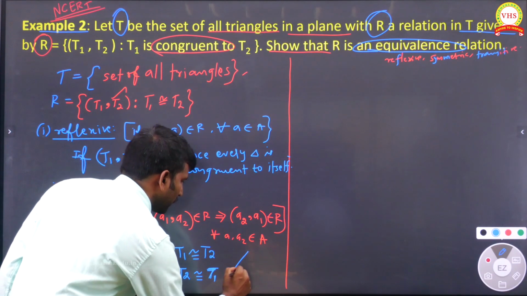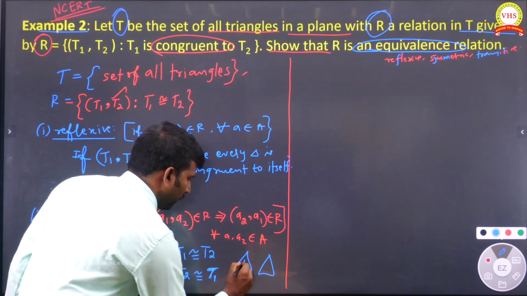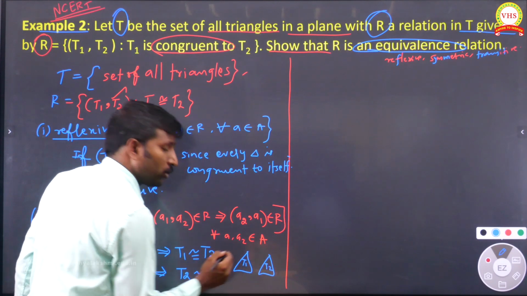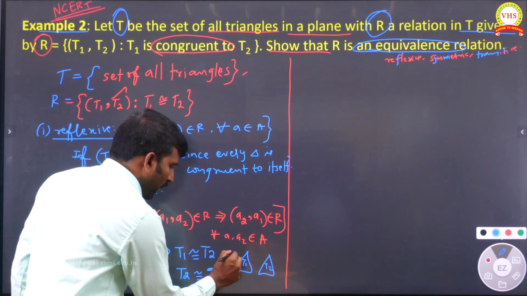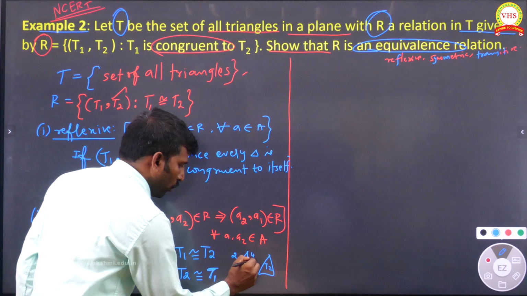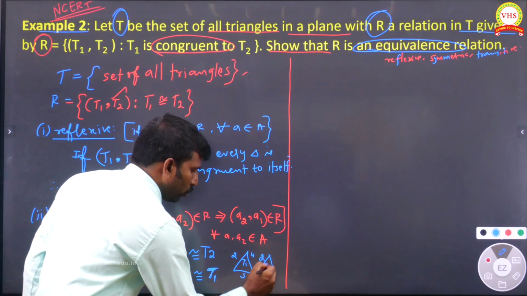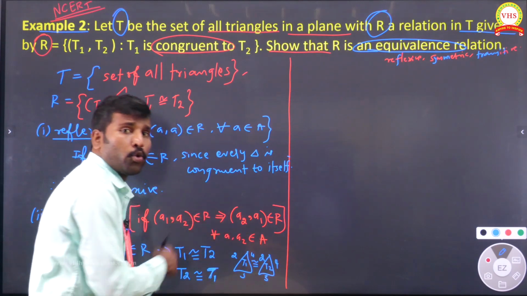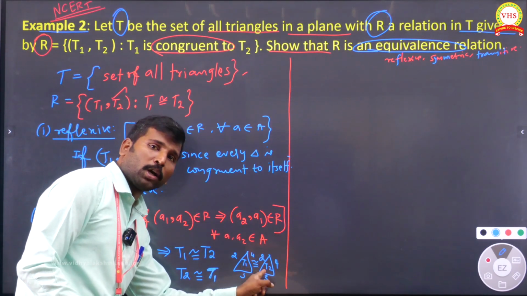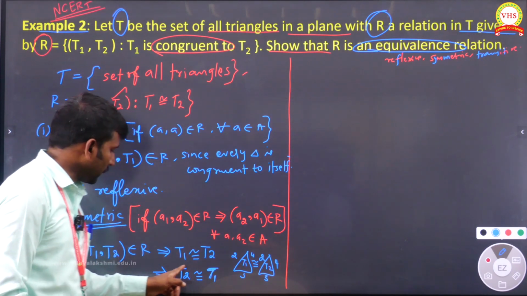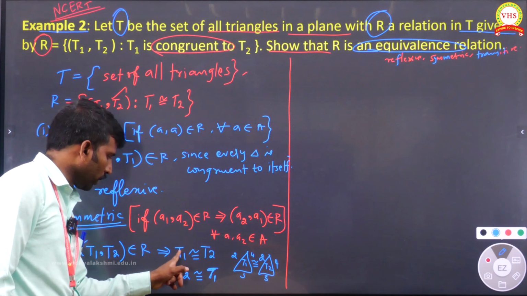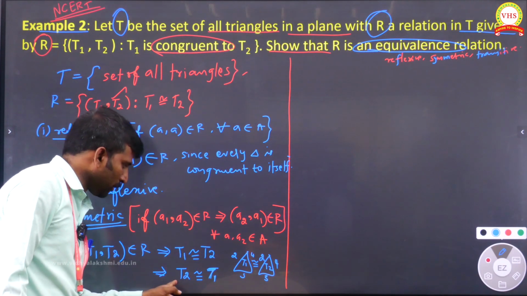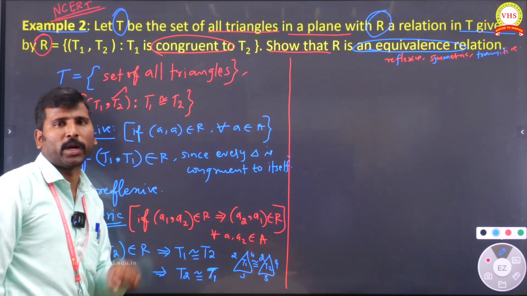Just for example, triangle 1 has sides 2, 3, 4, then this also will be 2, 3, 4. Then triangle 1 concurrent to triangle 2 means even triangle 2 will be concurrent to triangle 1. That is what I am writing: triangle 1 concurrent to triangle 2 implies triangle 2 is also concurrent to triangle 1.